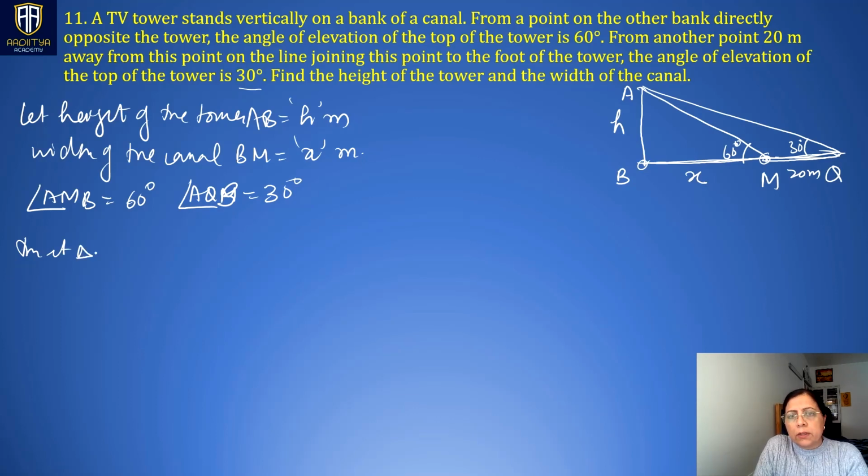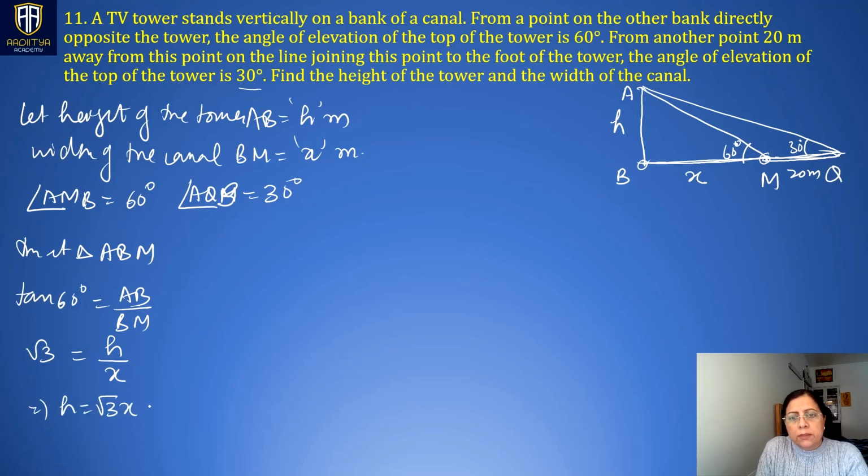In right triangle ABM, tan 60 degrees is AB upon BM. Root 3 is H upon X. So H is equal to root 3 X, right? This is the first relationship from the first triangle.